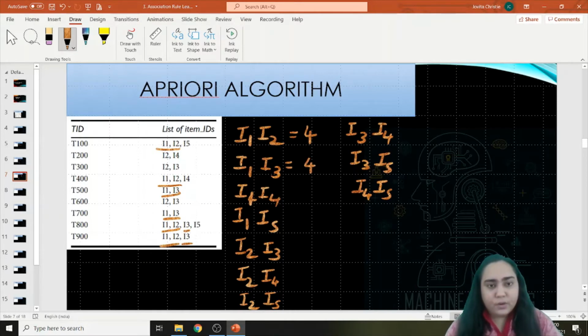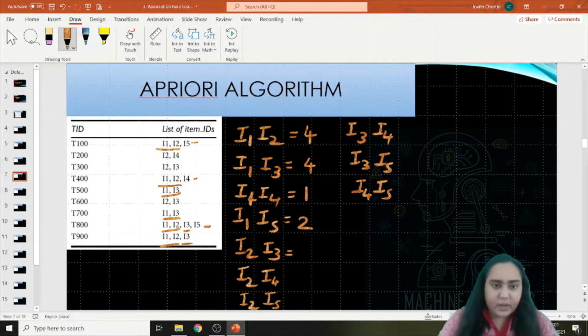I1 and I4 appear here. So 1. Okay, I1 and I4 appear in this position. So that's it. For this, I will have a support count of 1. I1 and I5 will have 1, 2, and that's all, so 2.